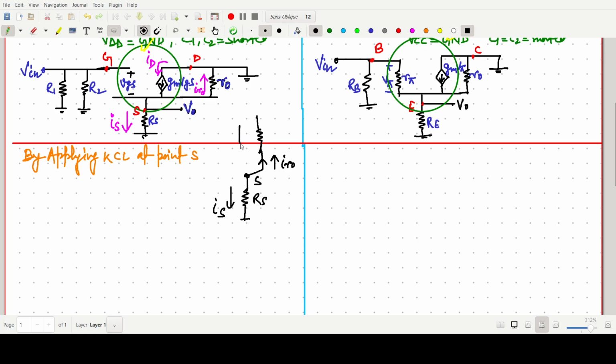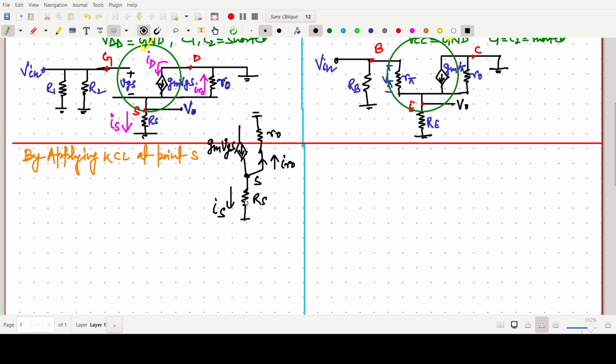Then after we have to give a current source like this, that is our GM VGS. Now this one is our R naught, and this one is grounded, zero potential.